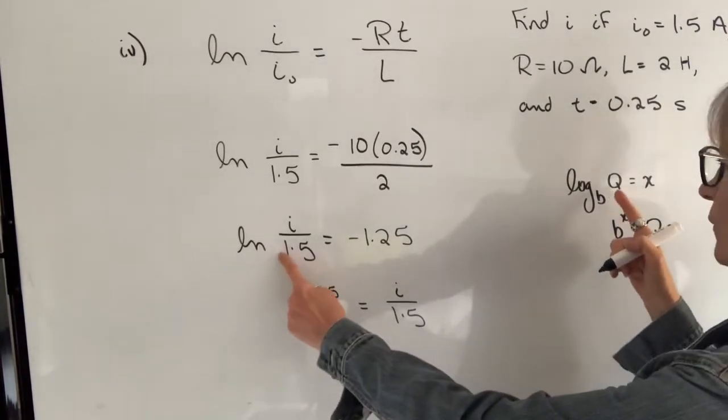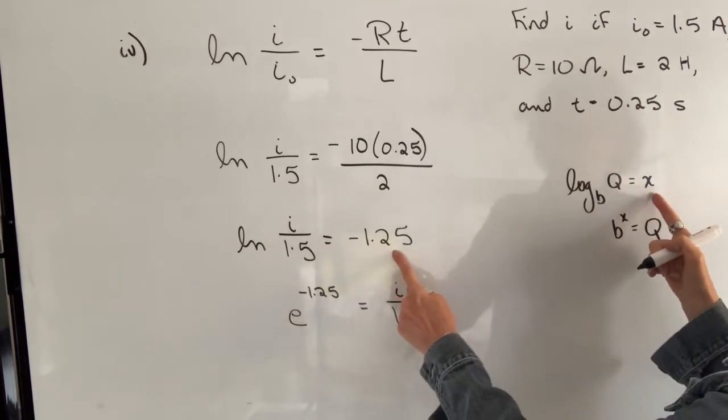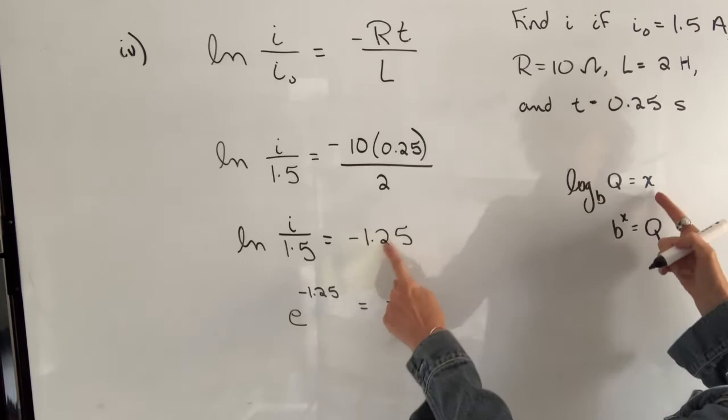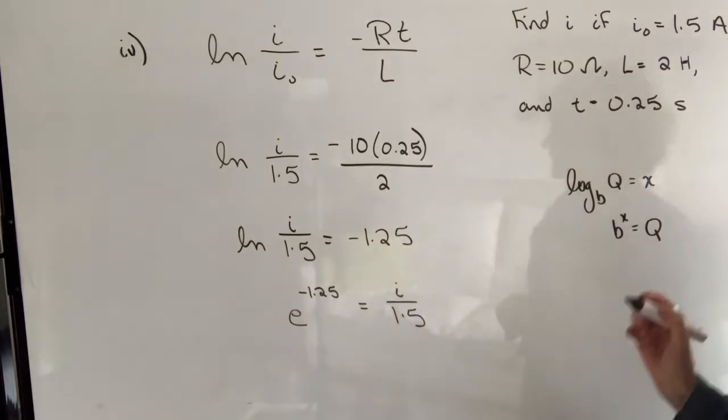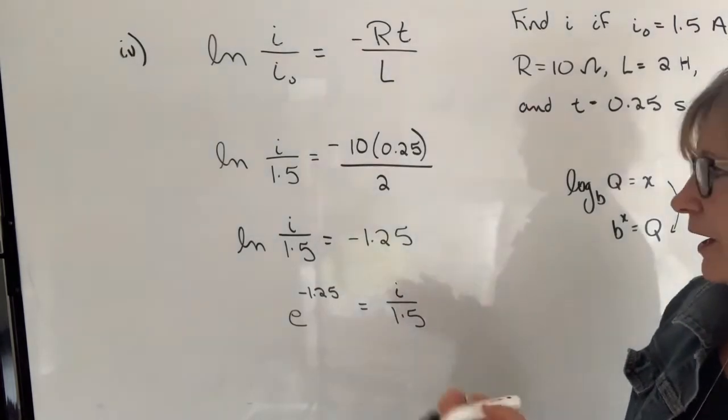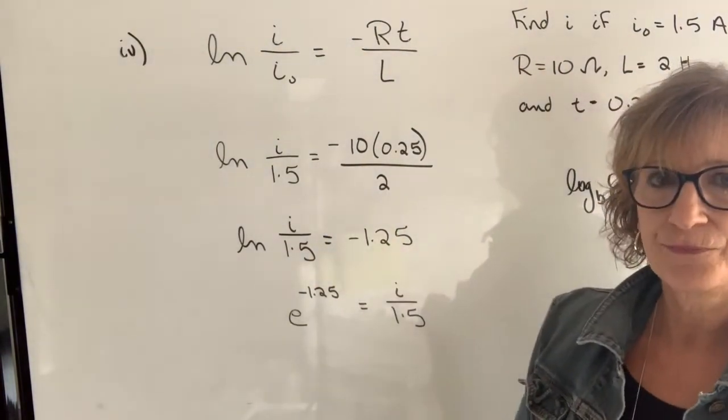I had the log of a quantity equals an exponent. So I take my base, which is e in this case, raise it to that exponent, and that will equal the quantity. That's a very important ability to have when you're solving log equations.